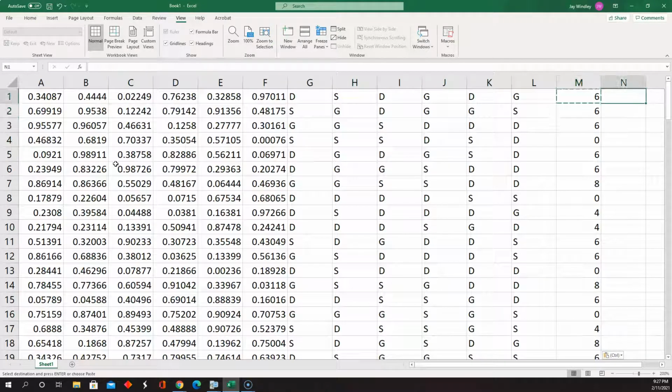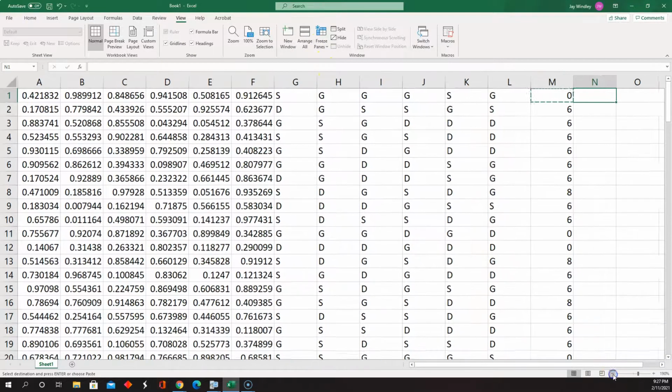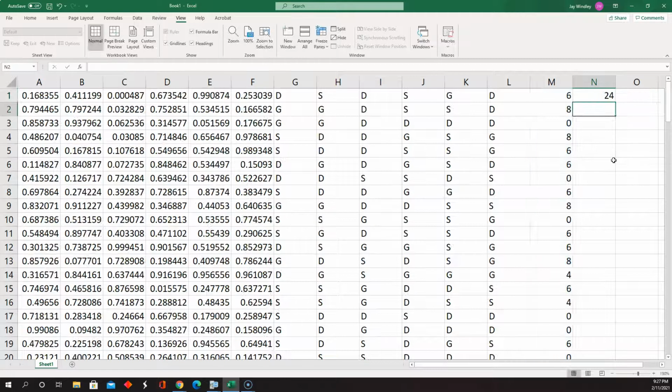And so then over here, let me zoom out just a little bit. Over here, we are just going to count from M1 through M10,000, count the number of zeros.